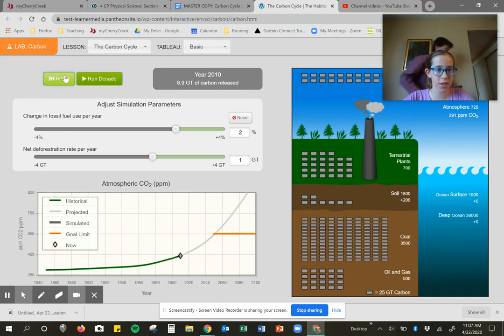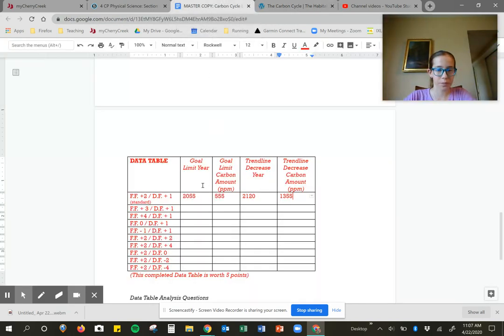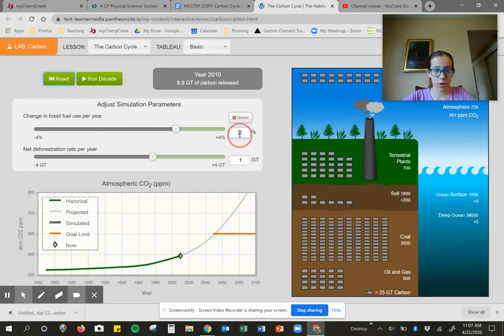Okay, so you click reset, and then you have to change the fossil fuel to 3 and keep deforestation at 1.